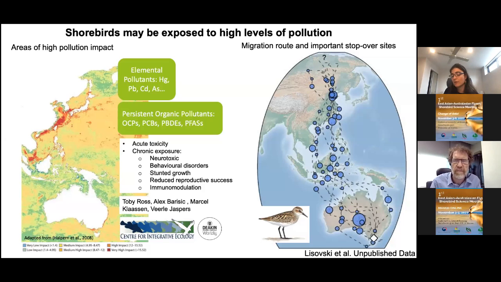If you have a modulated immune system, this may affect the relationship you have with your viruses, and this may increase disease burden. This is really exciting research that's being led by Marcel Klaassen at Deakin, Fjorla Jespers in Norway, and a number of students. That's something for us to think about as we move forward.